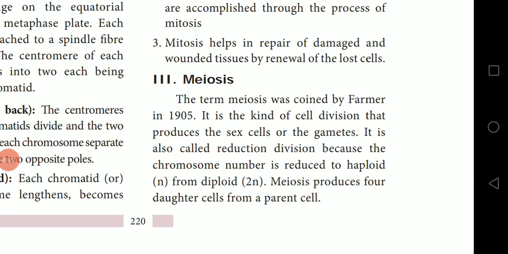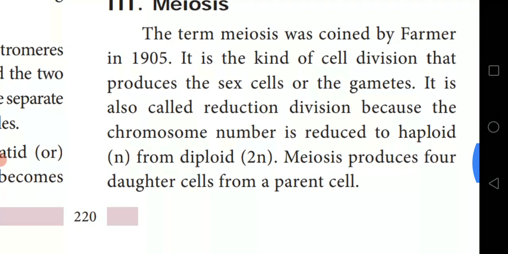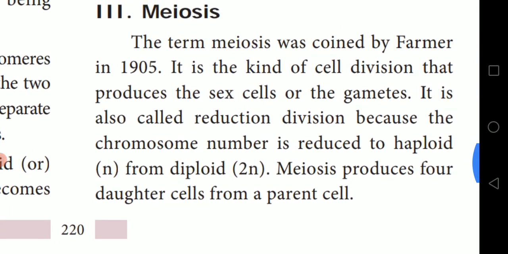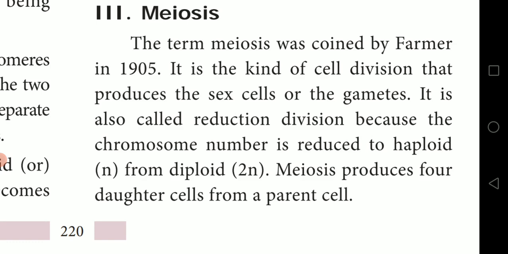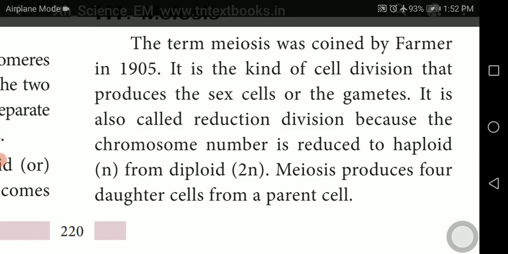The term meiosis was coined by a scientist called Farmer in the year 1905. It is a kind of cell division that produces the sex cells or the gametes.